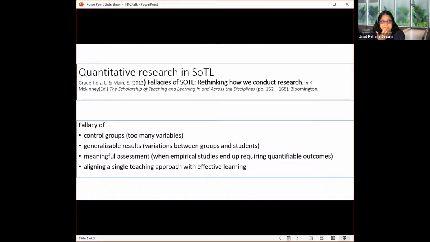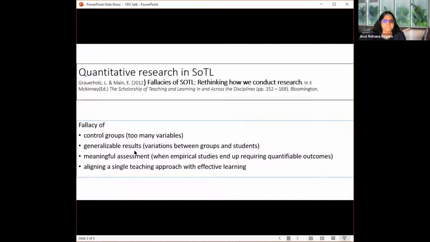So their basic premise is really that, ultimately, there are these problems with quantitative research. Not only is it part of the gatekeeper model that multidisciplinarity involves, but also that qualitative research has a place, because ultimately what happens with quantitative research is you start doing research for the purpose of research rather than the purpose that SoTL was meant for, which is to improve teaching and learning, to look at how learning works.